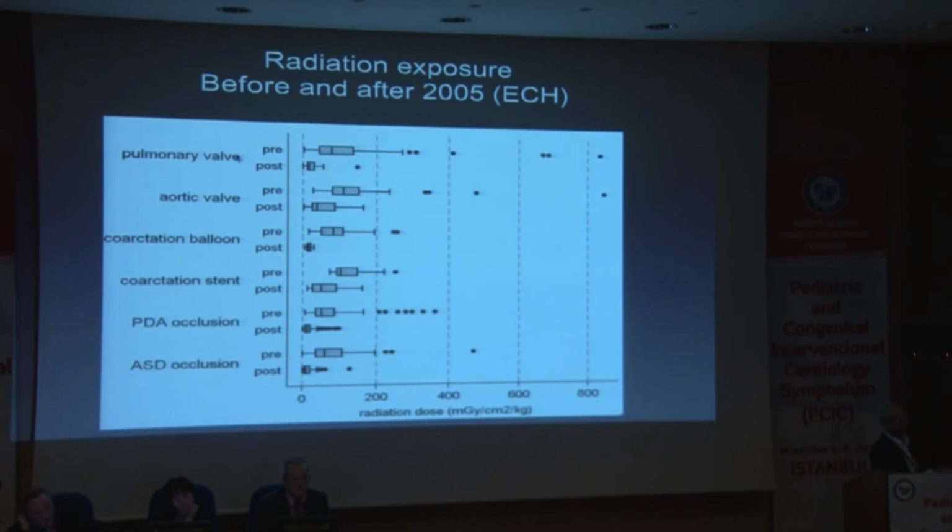The radiation exposure for pulmonary valve balloons was here. After 2005 up to recently, our radiation exposure is considerably reduced, and that has been applied to all areas: coarctation balloons, coarctation stents, PDA occlusions, ASD occlusions. That was really just by simply looking at our practice before that era, making a few changes after that era, and how that has resulted in reduction of radiation exposure.